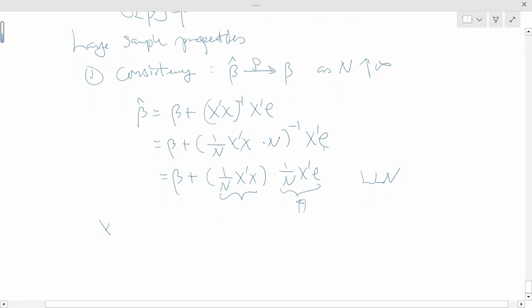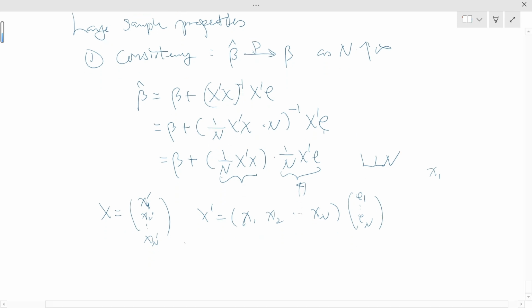Remember X' is x1, x2, up to xn, where each xi is k by 1, and e is e1 until en.